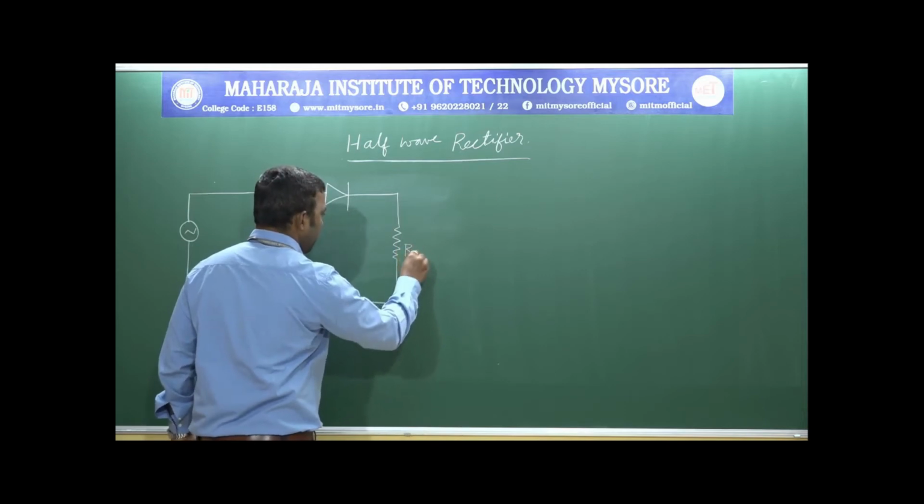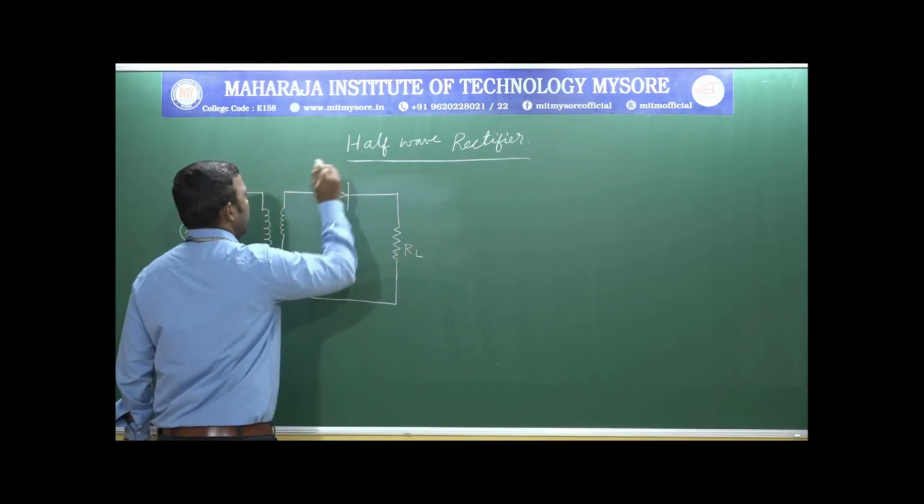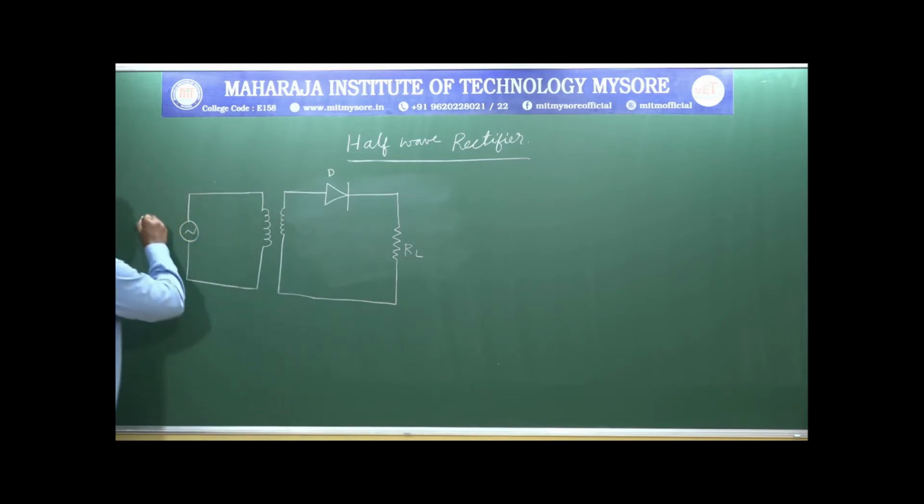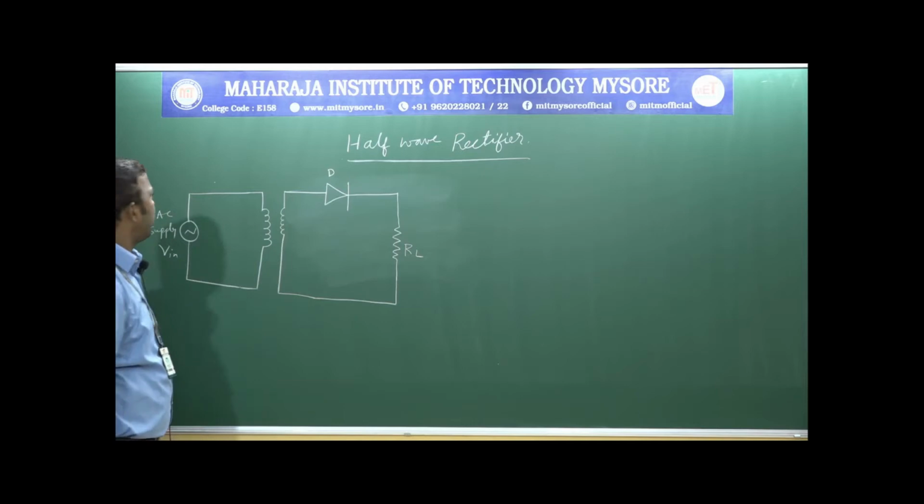This is the load resistor RL, this is the diode D, and this is the input AC supply. We are calling this V in, the input voltage.